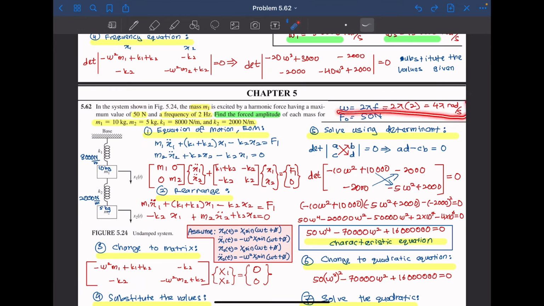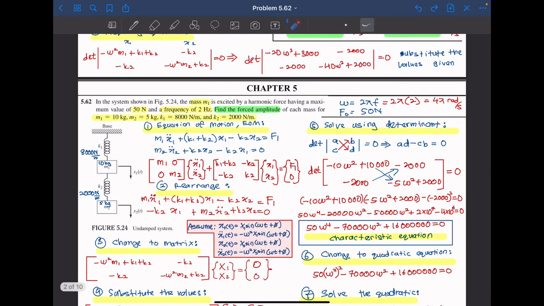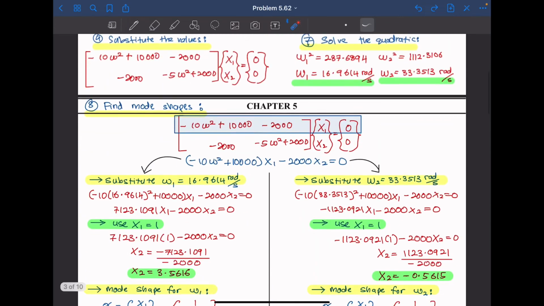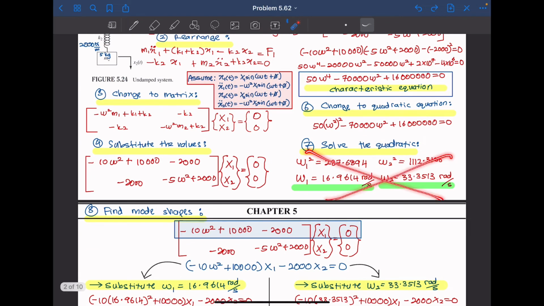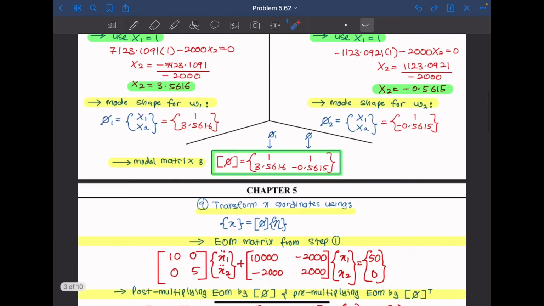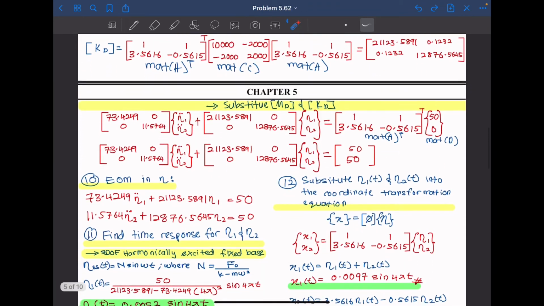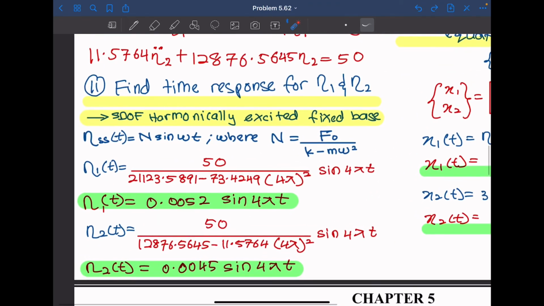Omega equals 2 pi times frequency, 2 pi f, so your omega is 4 pi radian per second. Use that input, don't use the other ones, which were for the modal analysis just now. To calculate the response, use the omega given by the question.